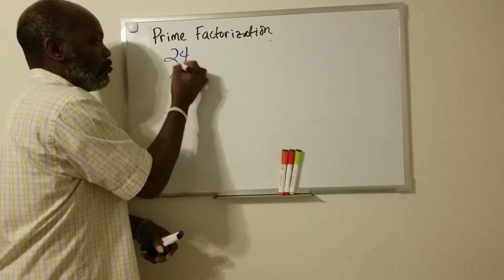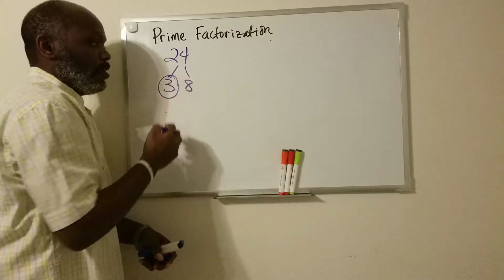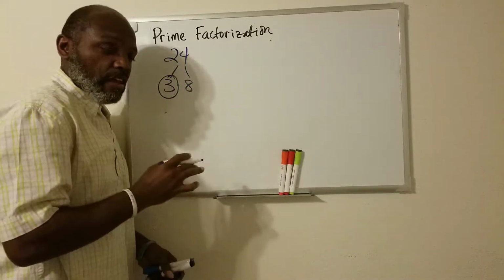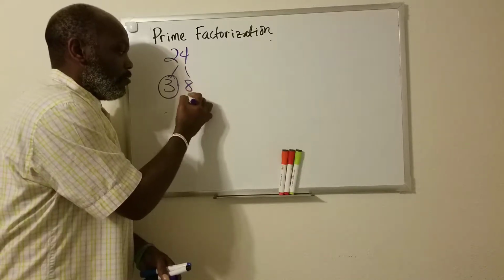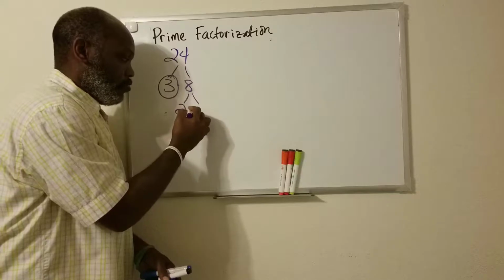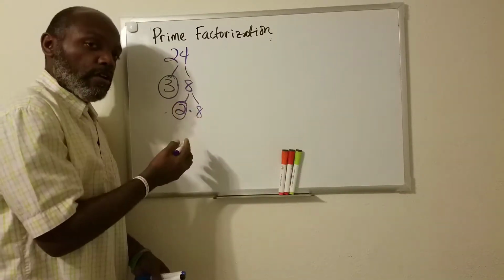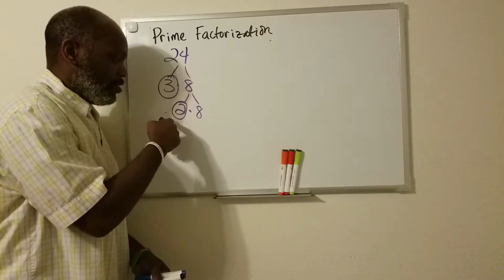We can break down 24 to be 3 times 8. 3 is a prime number, so it stays. 8 is considered a composite, so we break it down even further, which is 2 times 4.